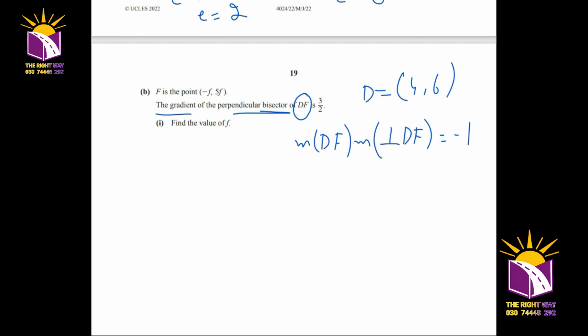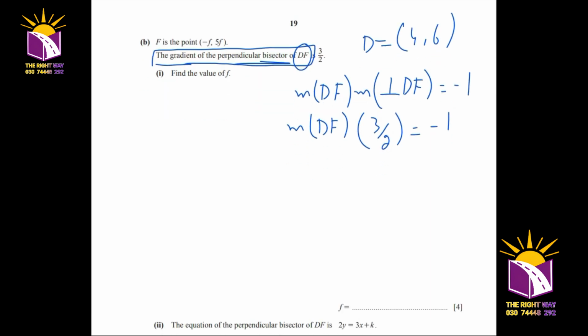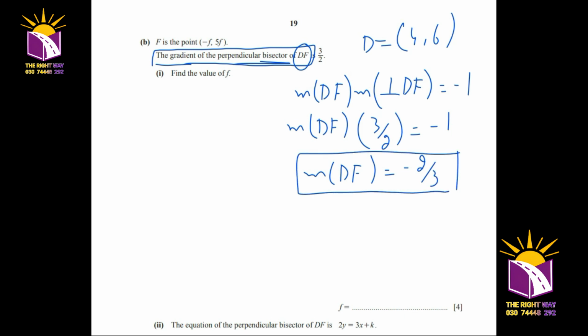The gradient of DF multiplied with 3 by 2 is equal to minus 1. So the gradient of DF will be equal to minus 2 by 3.